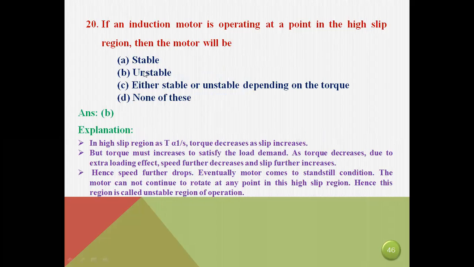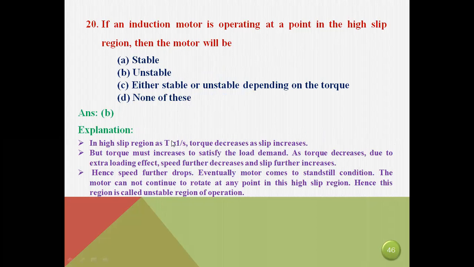So you are supposed to write unstable, because the question says the induction motor is operating at a point in the high slip region. And if the motor is operating in the low slip region, you are supposed to write the answer as stable.